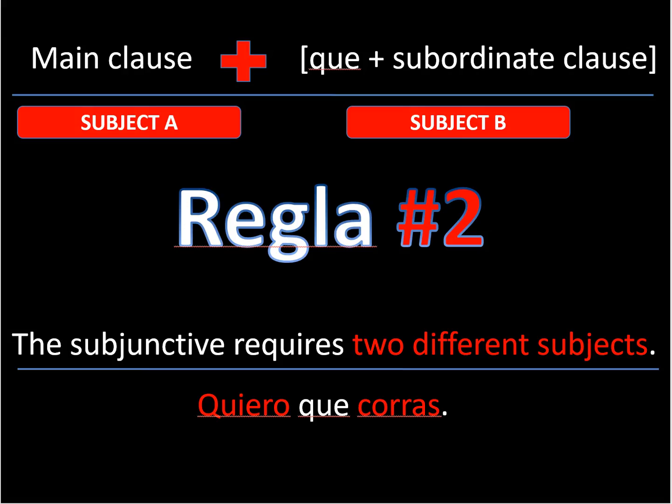The subjunctive requires two different subjects. So we need a complex sentence with two different subjects. So aquí, quiero que corras. ¿Cuál es el sujeto aquí? El sujeto es yo, porque la forma es yo. Okay, so yo quiero que tú corras.